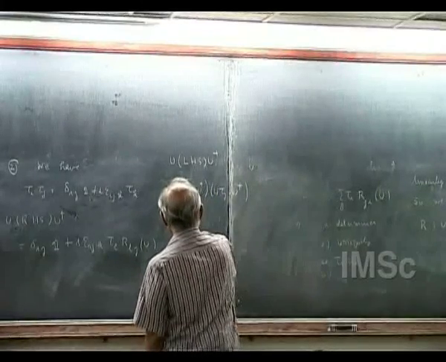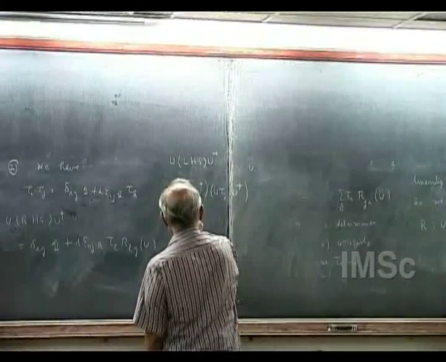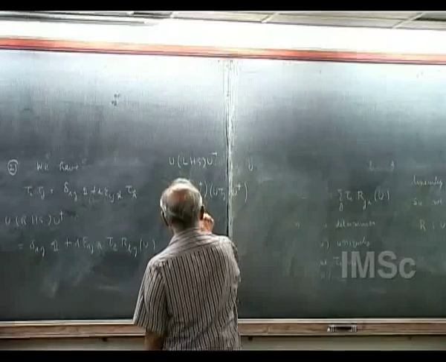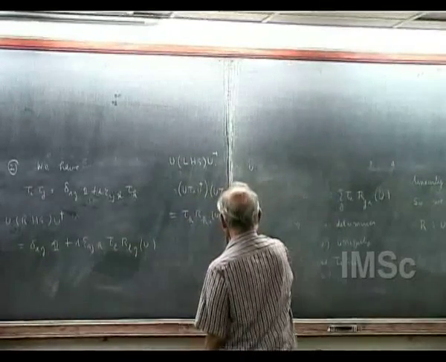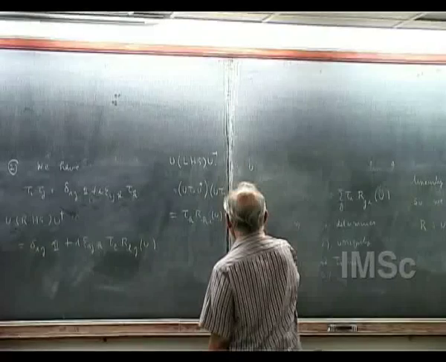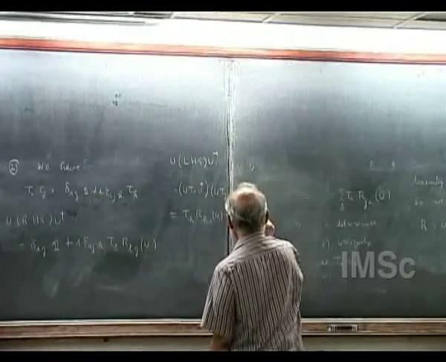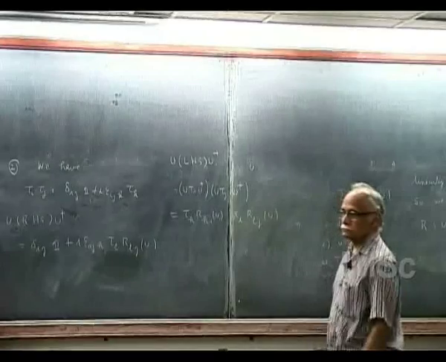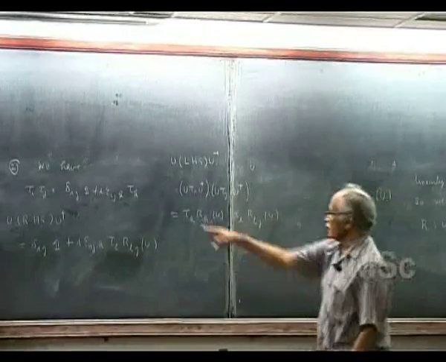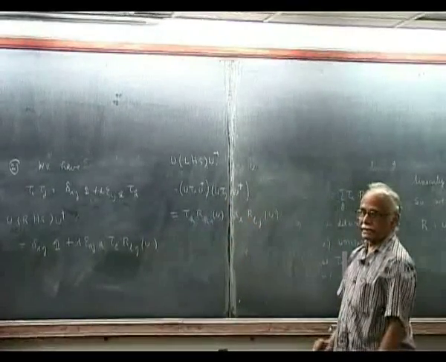This is tau k r k i of u, tau L r L j of u. Now I can again apply the Pauli matrix formula.